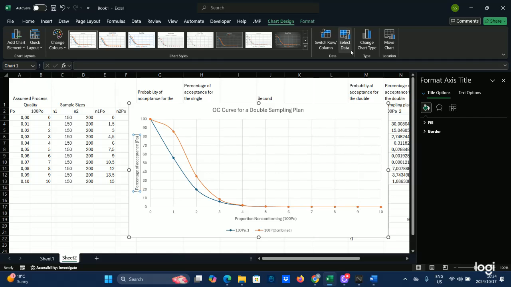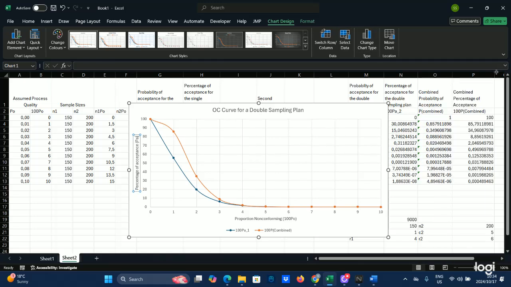Right. So now you have your OC curve. So this is how you sketch your OC curve using Excel.